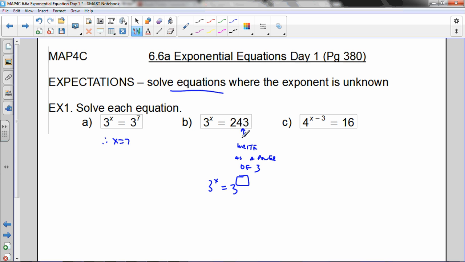Now, does this sound familiar? What's 243? Well, I've got to do guess and check, or a bit of calculator work or whatever. 3 times 3 is 9, 27, 81, 243, that's 5. So I'd see, therefore, x equals 5.